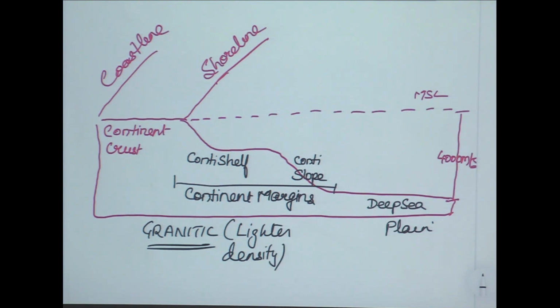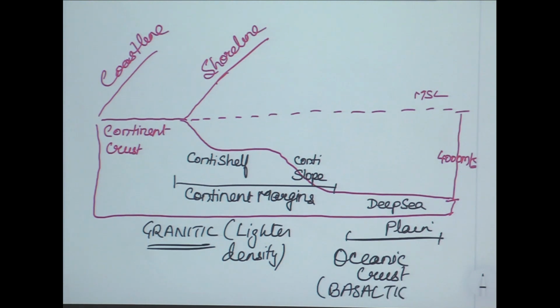And what is deep sea plain? It is true oceanic crust that is made up of basalt. So, it is basaltic crust. And it is in this consideration that we take the reference. This is offshore. So, offshore is submarine feature and onshore is land feature.